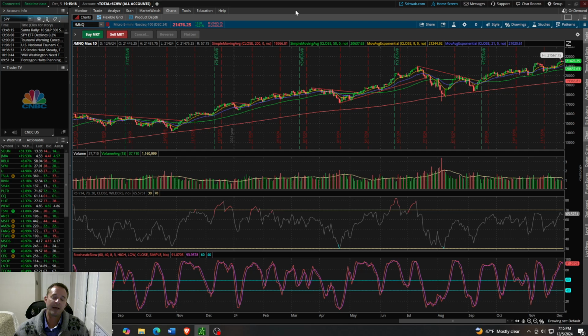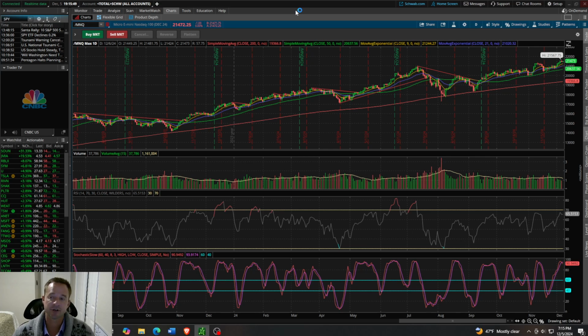And you can get a sense of the power and how much demand there is, or lack of demand. On a move higher, you generally want to see lots of volume. On a move lower, you generally want to see less volume in comparison to the move higher.